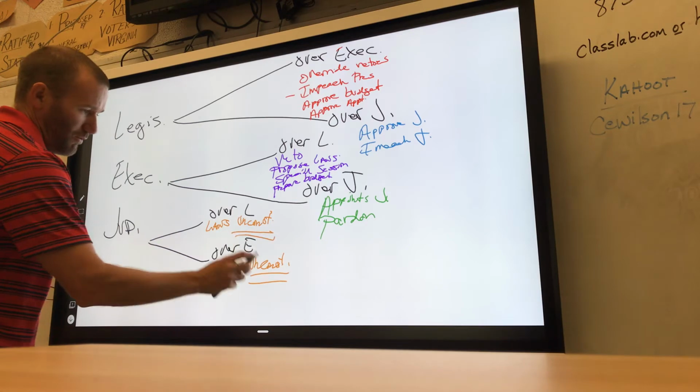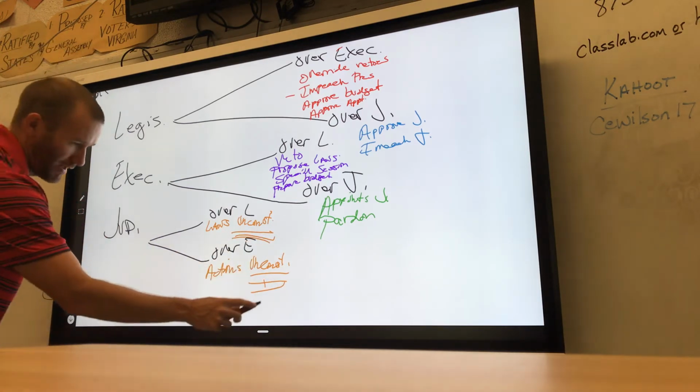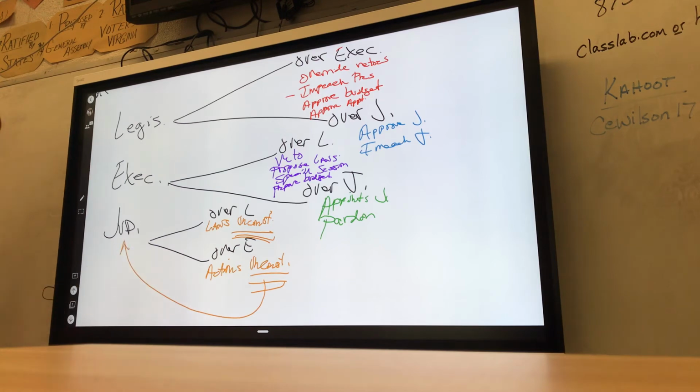Anytime you see that word unconstitutional, you automatically know that is a judicial branch power. So if you see that on the test, and it says which branch can declare it unconstitutional, you automatically know judicial branch.